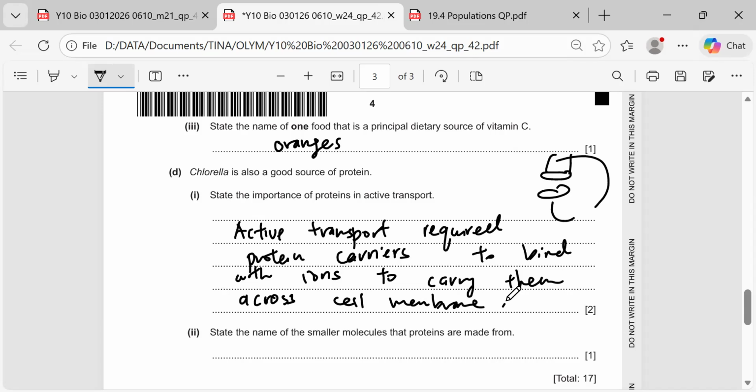Remember the keyword is protein carriers.